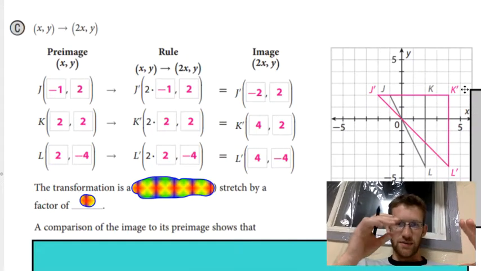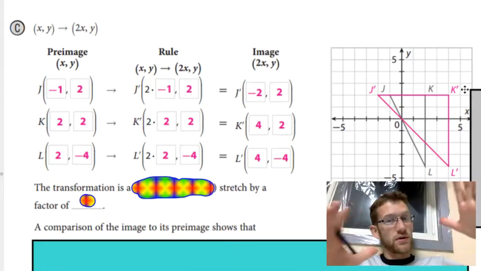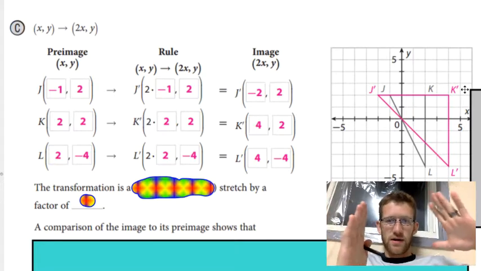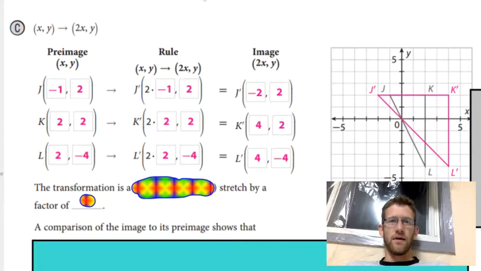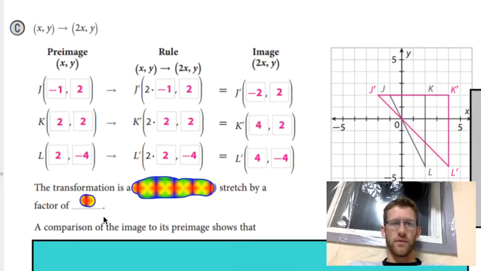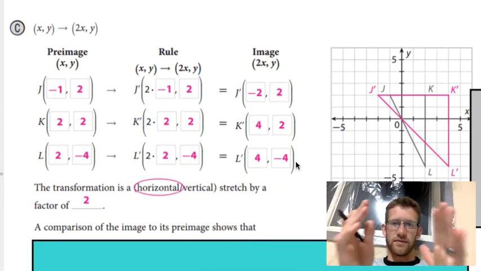is it the same size? Well, no. Is it the same shape? The same general shape maybe, but in this case we'll call a fat triangle a different shape than a skinny triangle. So no, it's not the same shape. Even though it's in roughly the same spot, it's still moved around a little bit too. It's twice as wide, but the same height. So it's kind of like a stretch, right?